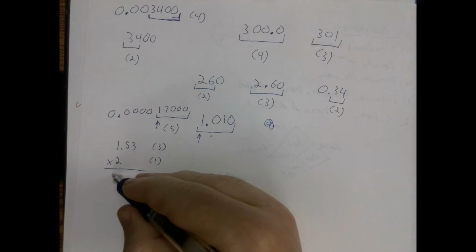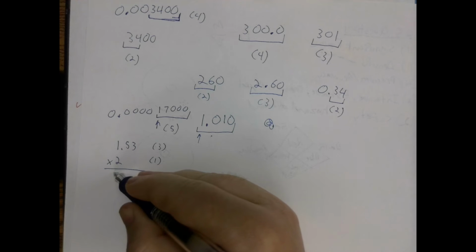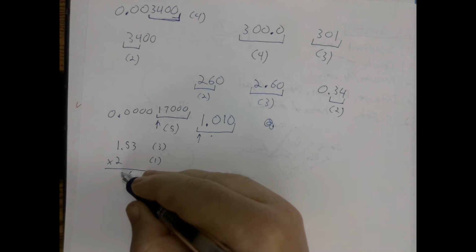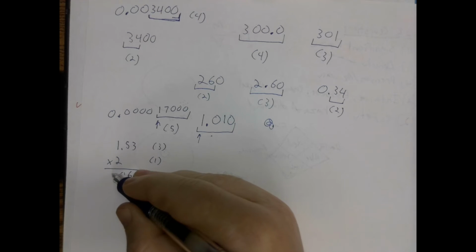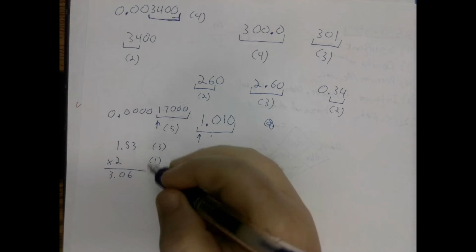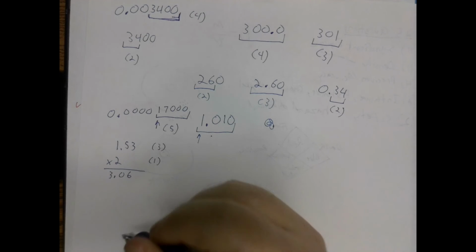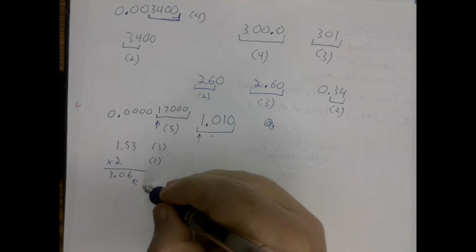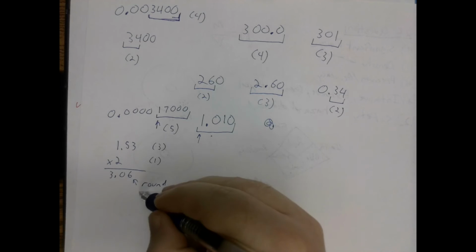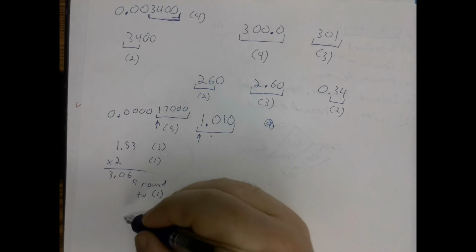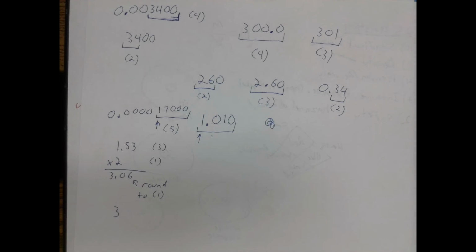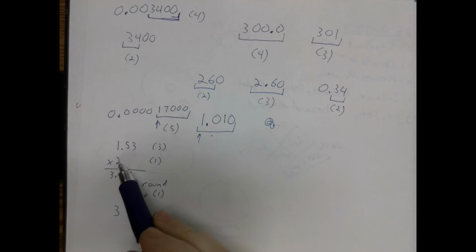So this would be equal to, trying to do this off the top of my head, 306. But because this has 1 significant figure, we want to round this to one significant figure. And so we would round it to 3, because we're very uncertain about this.